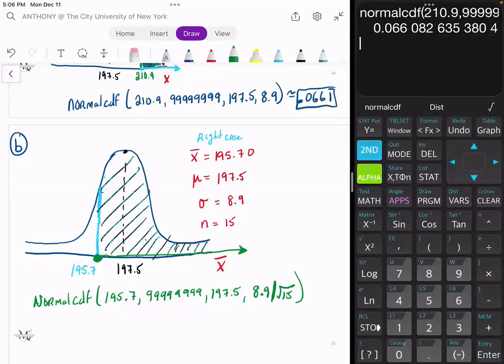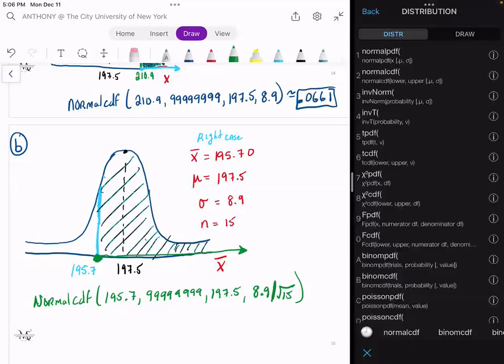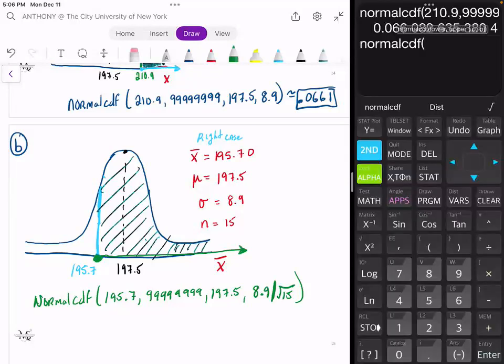Now we do this in the calculator, we get second bars to get NormalCdf, and we enter our values. 195.7 is your lower bound. The upper bound is the repeating nines. Then the mean of the population, followed by the standard deviation divided by square root of 15.